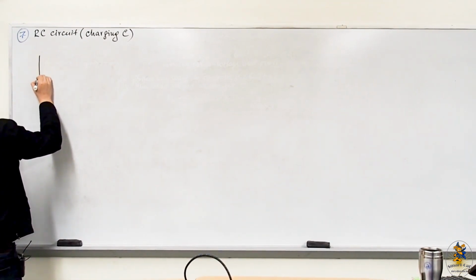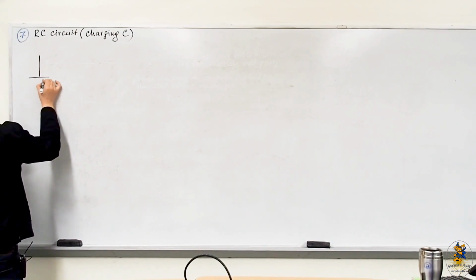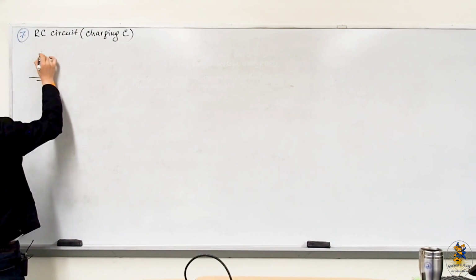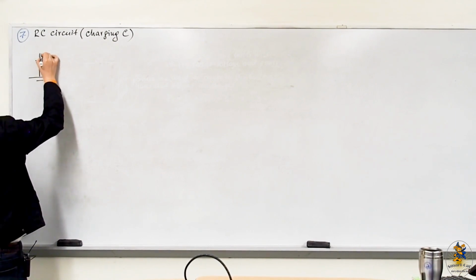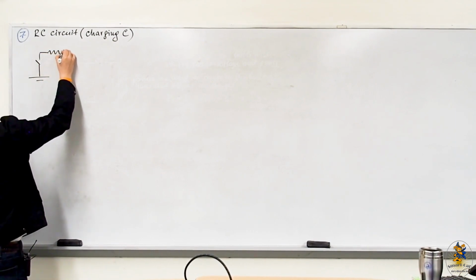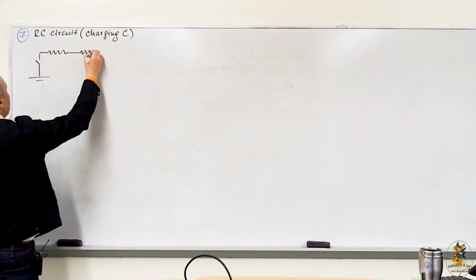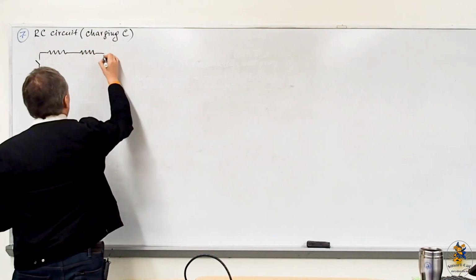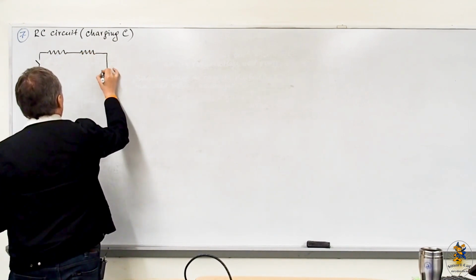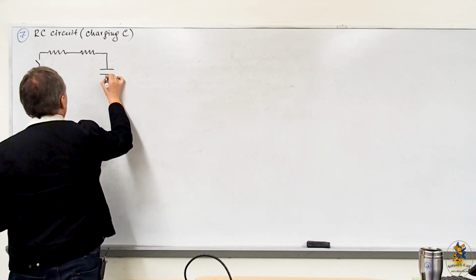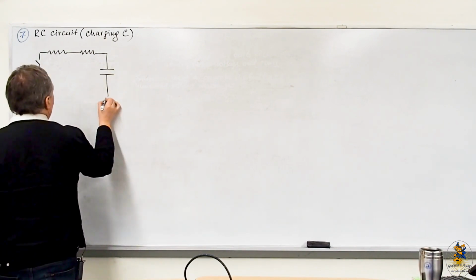So let's say we have a battery. Then, of course, we assume that there is a switch. And then 2 resistors, R1 and R2. And then there are 2 capacitors.